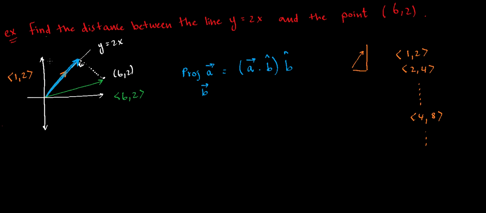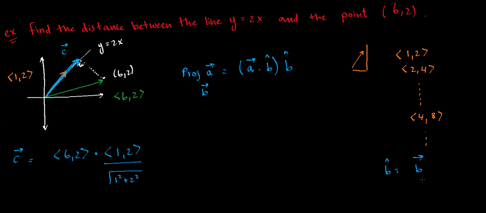So this vector over here, let's call it vector C. Vector C is going to be 6, 2 dotted with a unit vector pointing in the direction of 1, 2. So this will be 1, 2 divided by its magnitude. Because remember, a unit vector is equal to the vector divided by its magnitude. Okay, and all of this multiplied by this same vector over here.